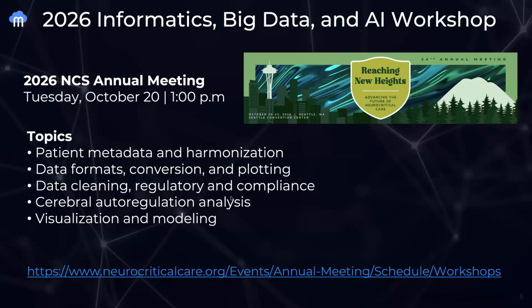We're going to talk about data harmonization, data formats, data cleaning, compliance, and go through a few specialized algorithms that we have, like autoregulation, and how to do visualization and modeling. So if you want a hands-on introduction into what it's like to work with neurocritical care data and do advanced analytics, sign up for the workshop.